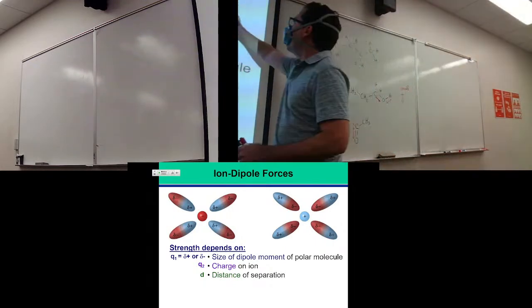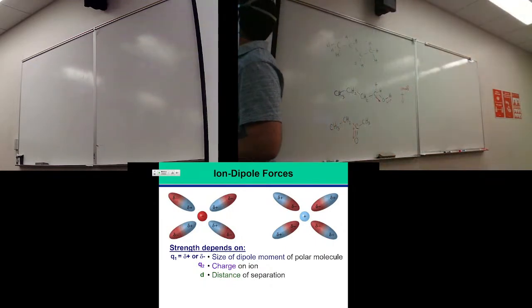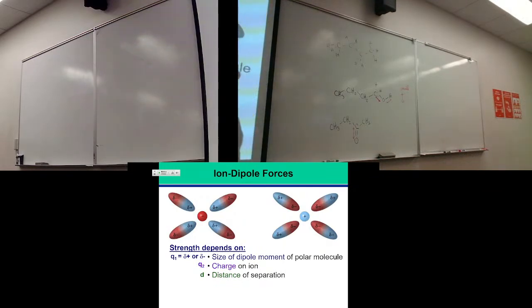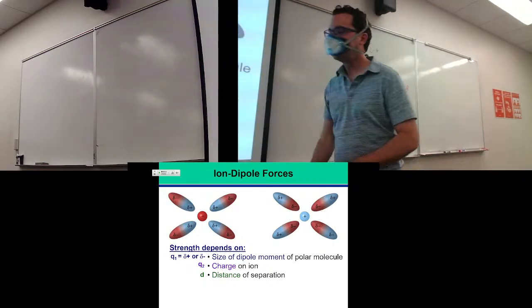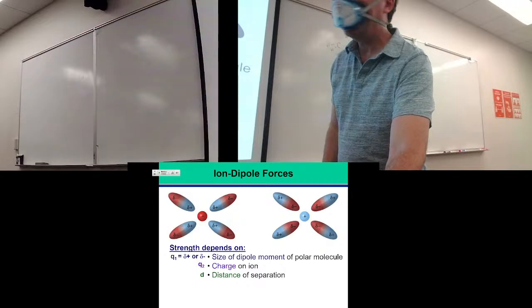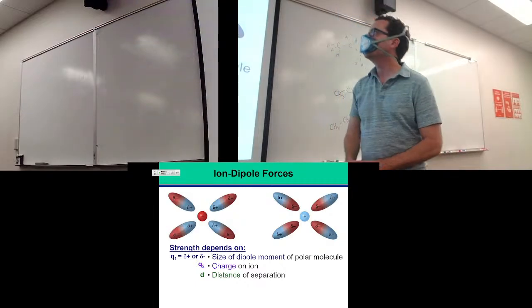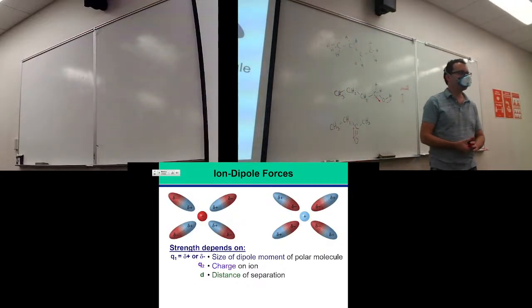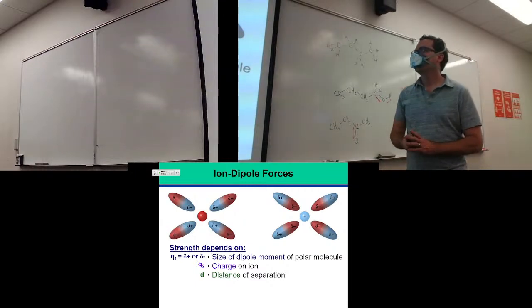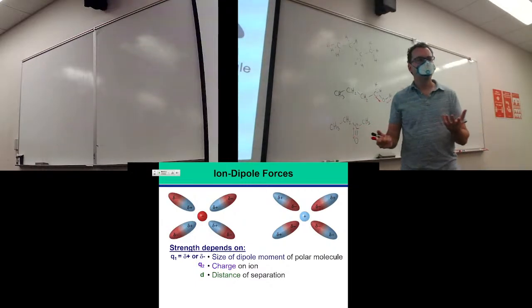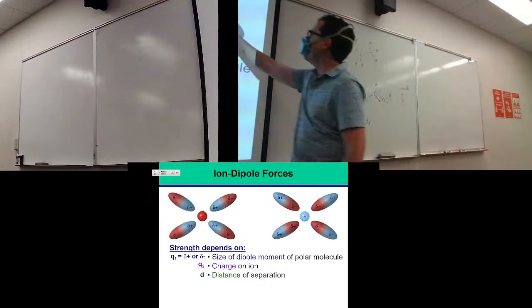And these dipoles are attracted to the ions. The negative side of the dipole moment will be attracted to a cation. The positive side of the same dipole moment will be attracted to a negative ion, an anion. So these are fairly strong intermolecular forces. Because if you think about Coulomb's law, Q1 is going to be a pretty large charge.